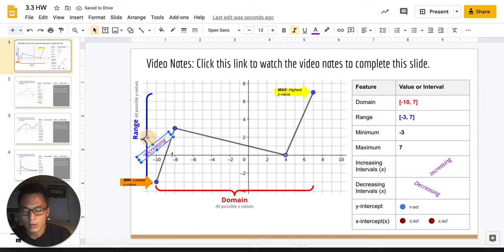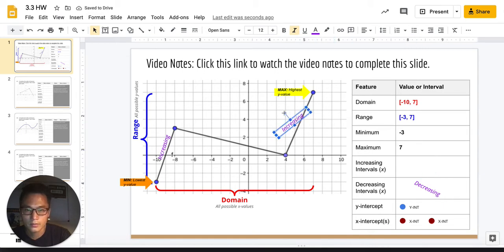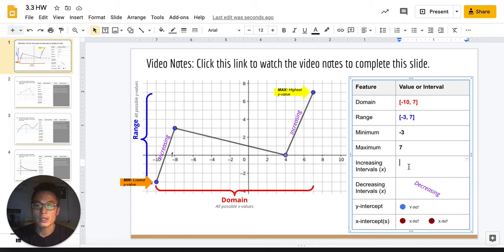We have one increasing interval here, and another increasing interval right here. On increasing intervals, as x is increasing, y is also increasing. And we want to write our increasing intervals referring to the x values.